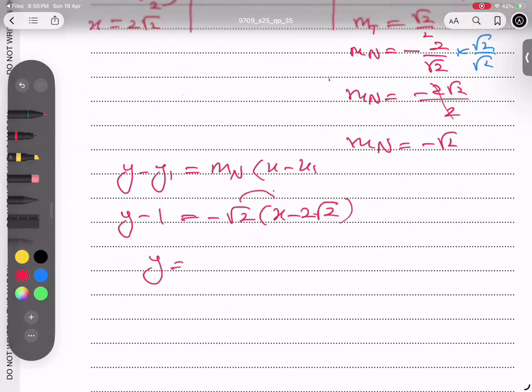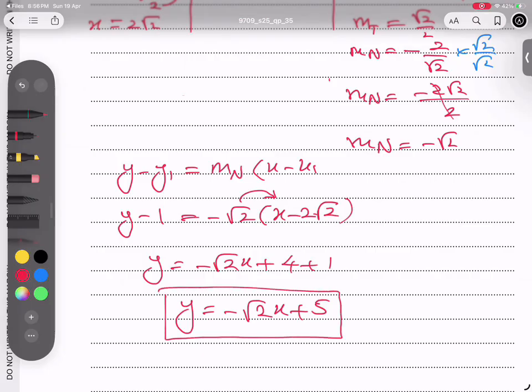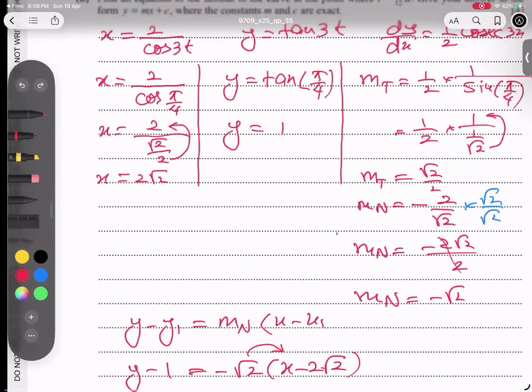First of all, multiply inside: negative root 2 times x, and negative times positive root 2 is 2, 2 times 2 is 4. And plus 1. I hope you got the point very well. Sorry, negative root 2 x plus 5. So the answer is in y equals mx plus c form, where the gradient is in the c form. And let me check. Yeah.